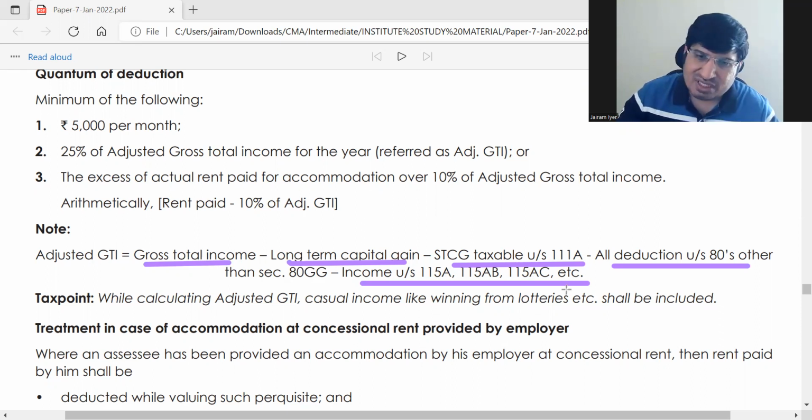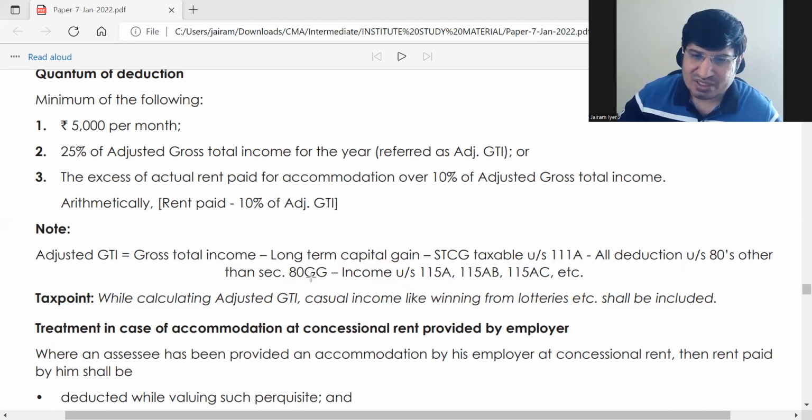Wherever you get these kinds of problems, you will not have any item under this. You will have items from LTCG, STCG under 111A, and they might give you one or two deductions at the most. That is what is important for you.